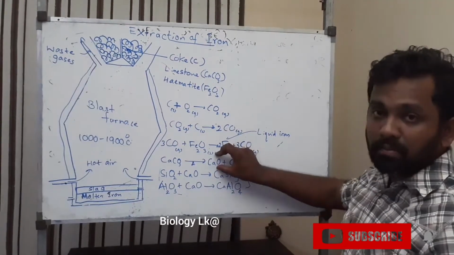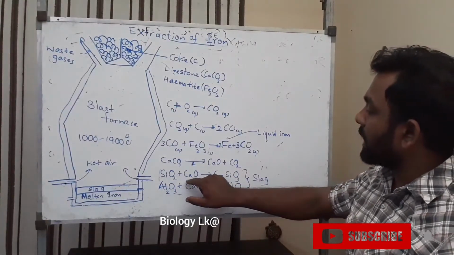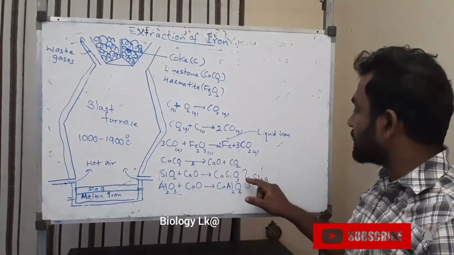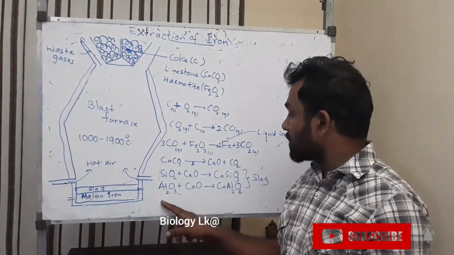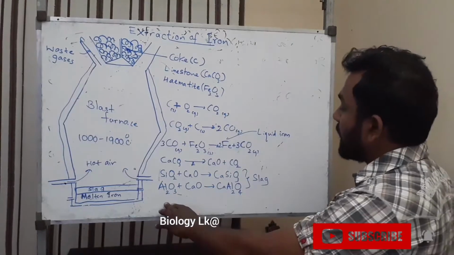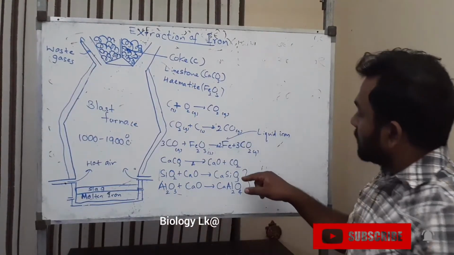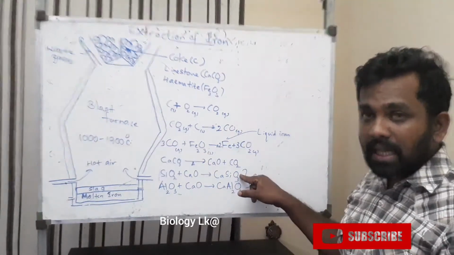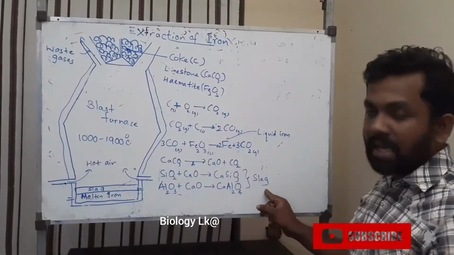Then this calcium oxide is going to react with silicon dioxide and produce calcium silicate. Again, it is going to react with aluminium trioxide and produce calcium aluminate. The calcium silicate and the calcium aluminate all together, we call slag.